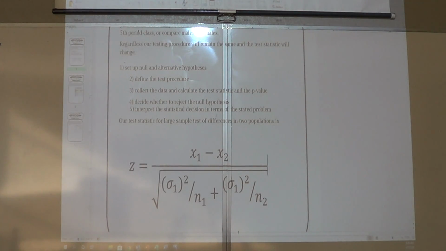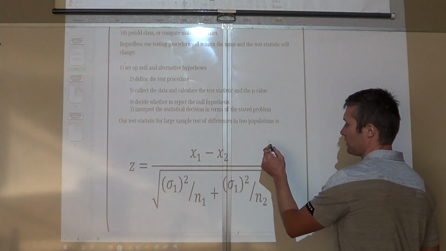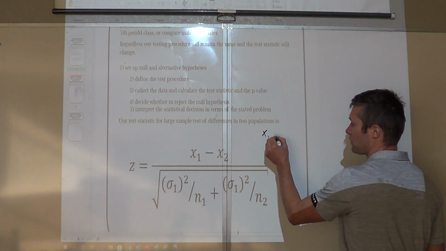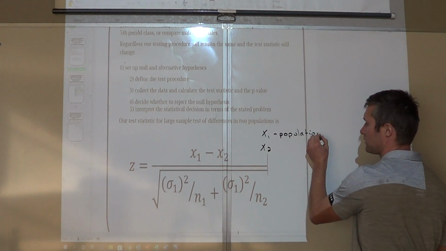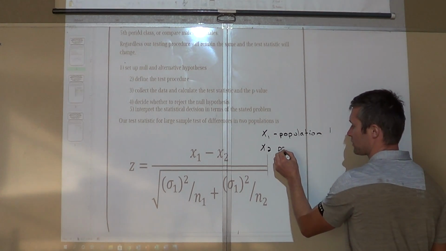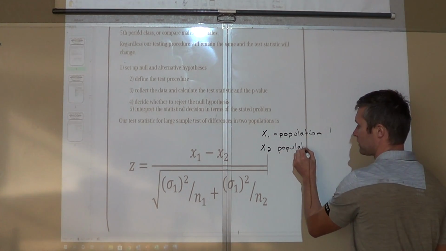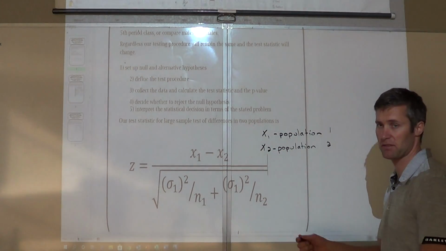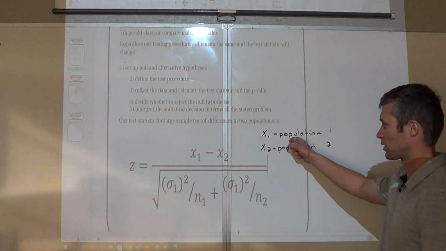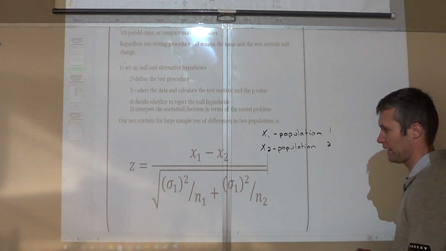We're going to start off with a large sample, so we'll use the z-score. So x1 and x2 is population 1 and population 2. Like I said, an example could be Washington versus Oregon. So we could say we're comparing Washington and Oregon.